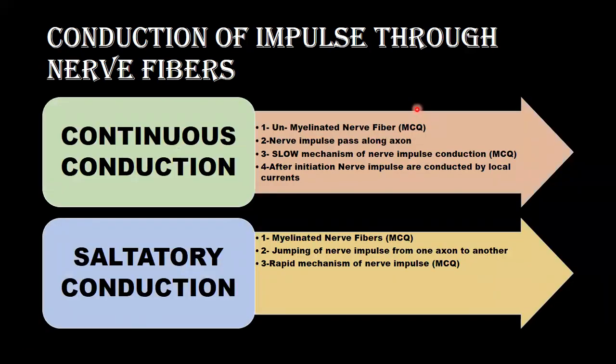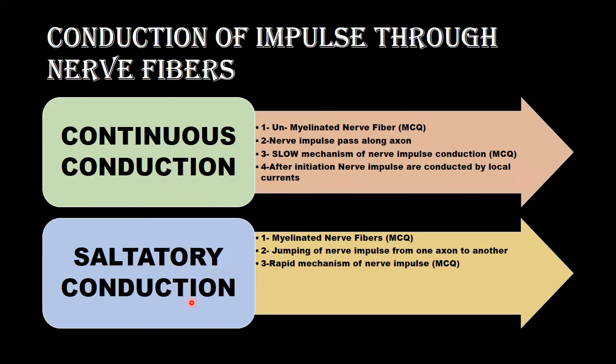Coming to the conduction, I have already explained in the previous slide what is continuous conduction and what is saltatory conduction. As I say, continuous conduction is in unmyelinated nerve fibers, MCQ. The nerve impulse passes along the axon, it is a slow mechanism, and it is like a local current. The nerve impulses are conducted by local current.